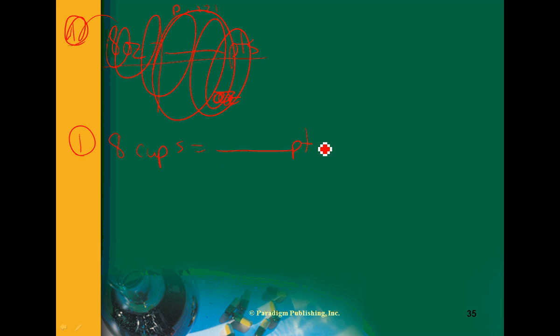My apologies. Okay, so then we're going to do a cross. If we have cups here, we're going to have cups down here. Okay, so we know that 2 cups equals 1 pint. Okay, so then you just multiply across and divide. 8 divided by 2 is going to be 4, so it equals 4 pints.